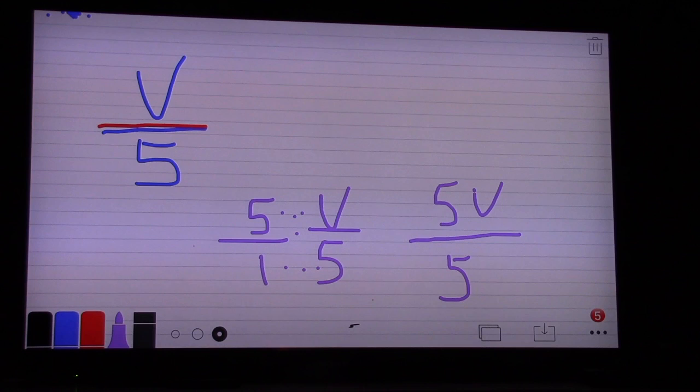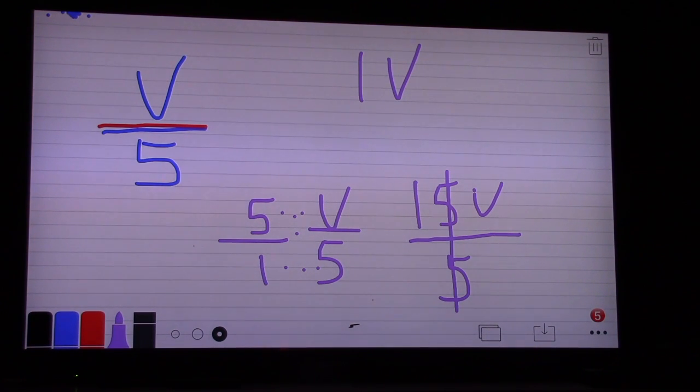And when I have 5 over 5, how many 5s are in 5? It cancels. There's 1 5 in 5, and I'm left with 1v. Anytime there's a number up against a variable, like 1v, it always means 1 times v.